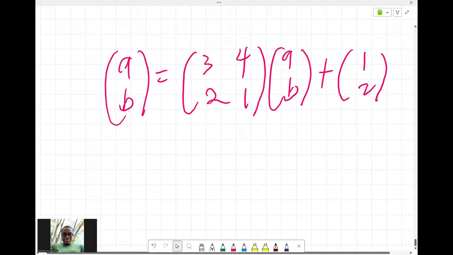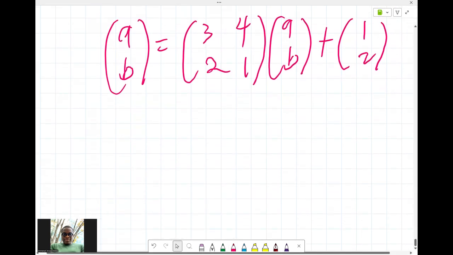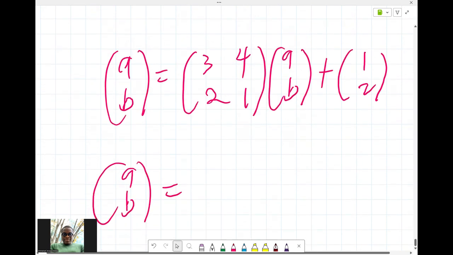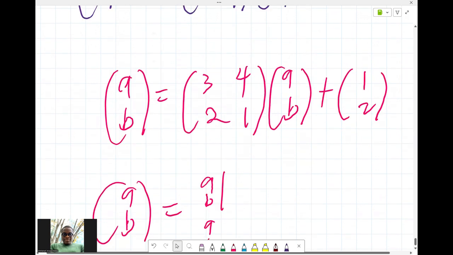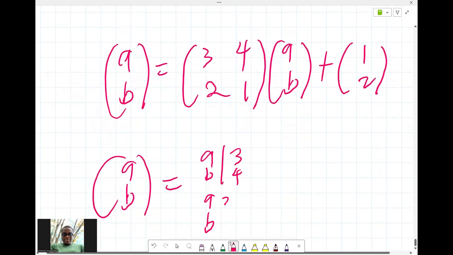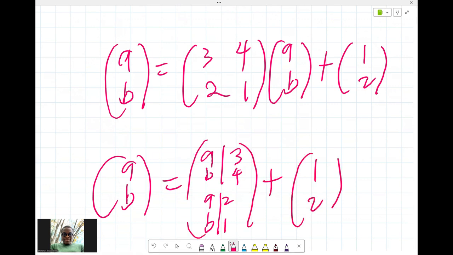Because all the e raised power t are gone, we are looking for ab. So this is ab equals, and you know how we multiply, right? This is two rows: ab twice, 3, 4 and 2, 1, plus 1, 2 right here.